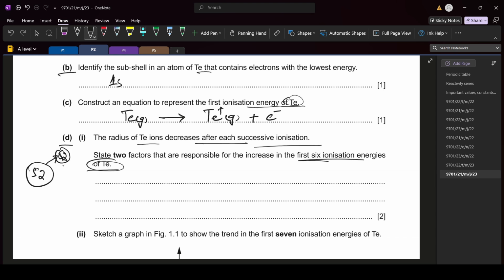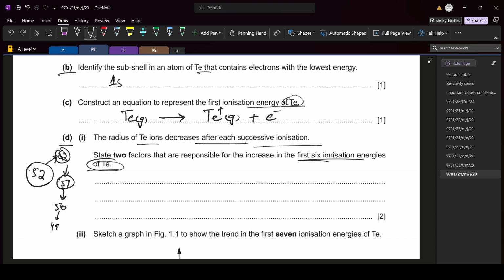Now after first ionization energy, you will have 51 electrons, but the proton number is constant, so there will be more attraction of protons, or you can say nucleus, to these electrons, and there will also be less shielding. Then after second ionization energy, you will have 50 electrons, then 49, and so on. So the number of electrons is decreasing, but the number of protons is the same, so they will attract electrons more to themselves. That's why the ionization energy will increase after each successive ionization.